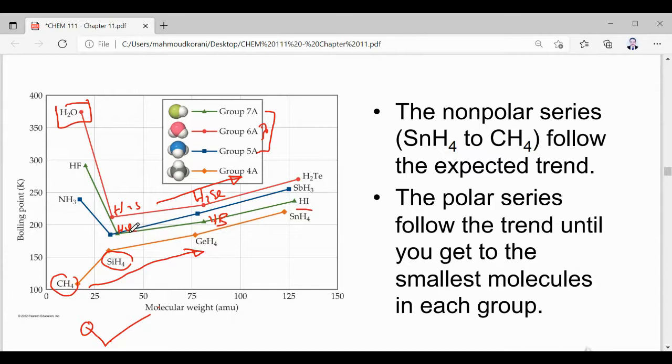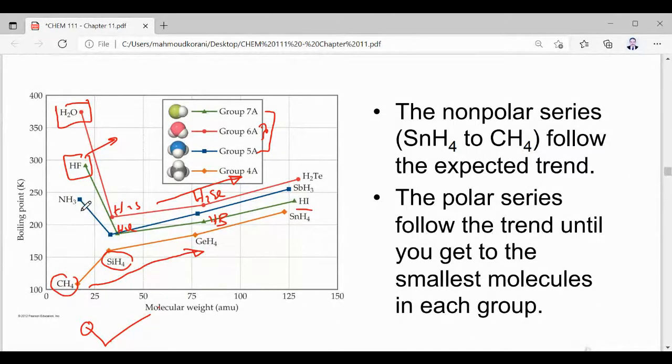The trend is normal from chlorine to iodine: increasing the molecular weight increases the boiling point, while the anomaly comes for HF, the smallest compound. The reason is that fluorine is the most electronegative atom in the periodic table, so this compound is very strongly polar and is also promoted to hydrogen bonding. These are the reasons for the increased boiling point of hydrogen fluoride.